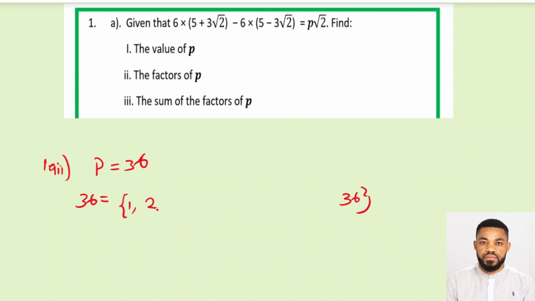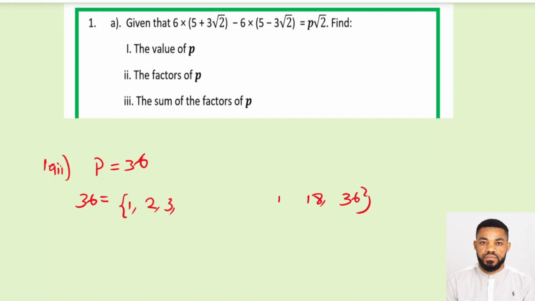You can take 2. Now any number that ends with an even number means that 2 can go into it. So 2 times what will give you 36? That's going to be 18. So 18 is part of the factors. We didn't add it to the previous one, so make sure you correct it. That is 18. Now we can also think of 3. 3 times what will give you 36?